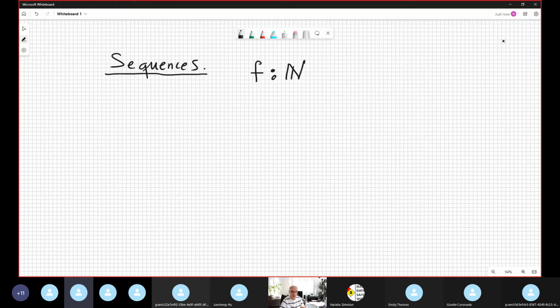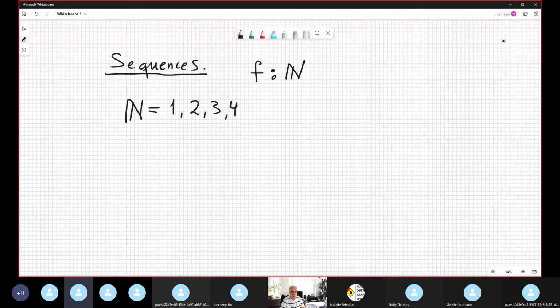So this fancy N represents the natural numbers. 1, 2, 3, 4, continue to infinity forever. These three dots mean to continue in the same pattern one by one, and you associate each one with one real number. So the answer may be a fraction or an irrational real number.